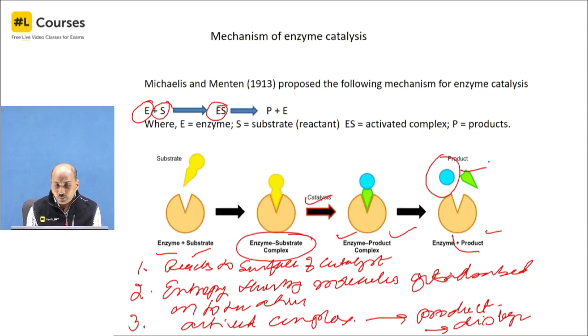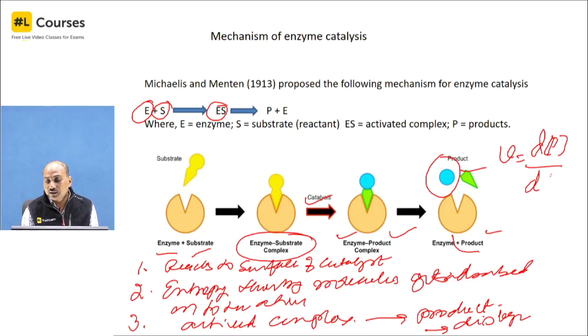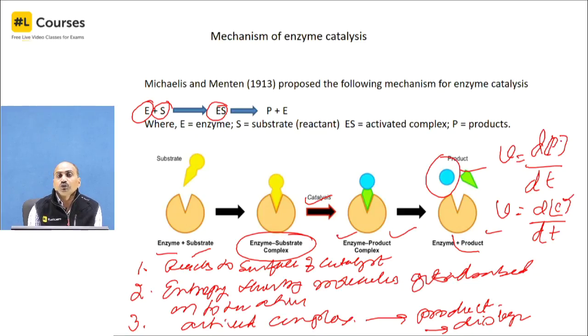So how did this Michaelis-Menten equation come about? He gives a mathematical equation where he considers the velocity of the reaction with respect to d of the product with respect to t. This is what we talked about in the earlier case of catalysis, that is dC by dt, where there we talk about concentration, and here also we talk about the concentration of your substrate.